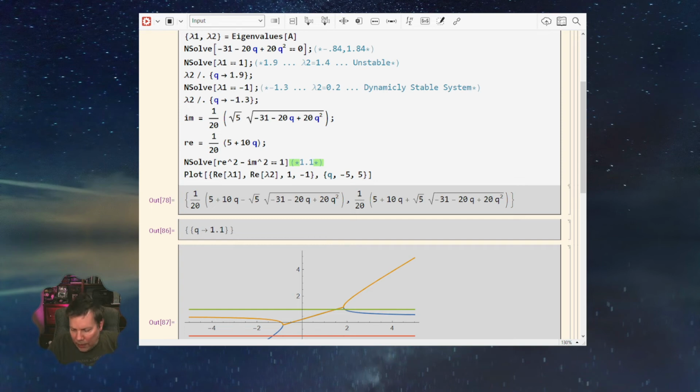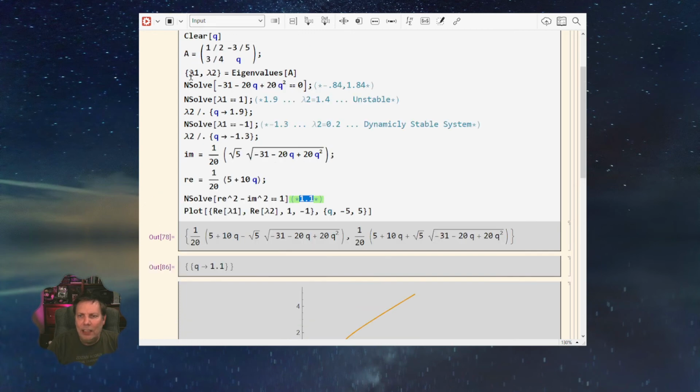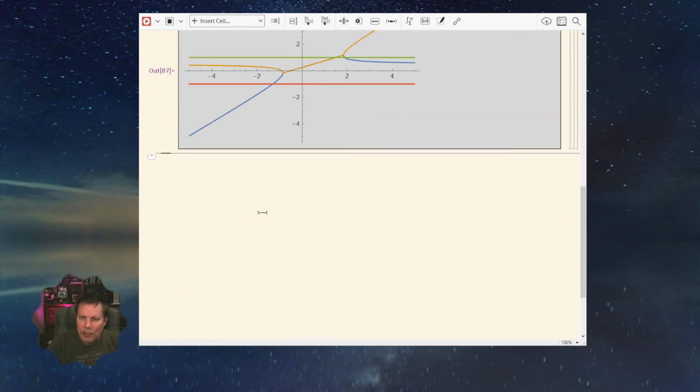Now, let's see if I can do a little investigation here. When Q is 1.1, what do I actually get for my eigenvalues? Well, let me go back and copy this, and pull this into a new cell.